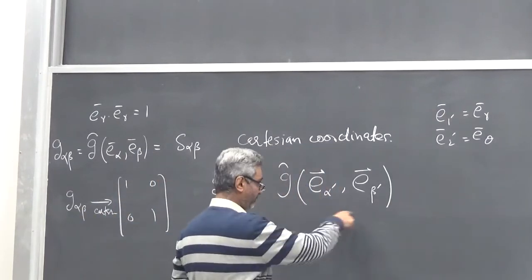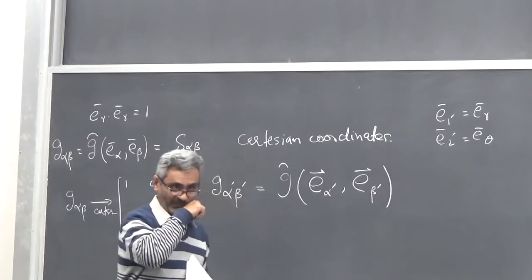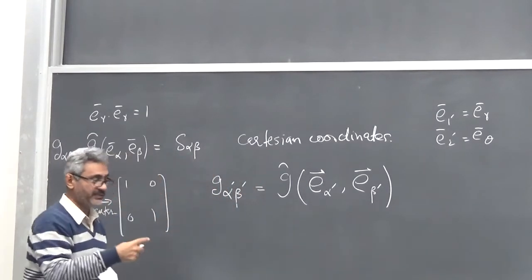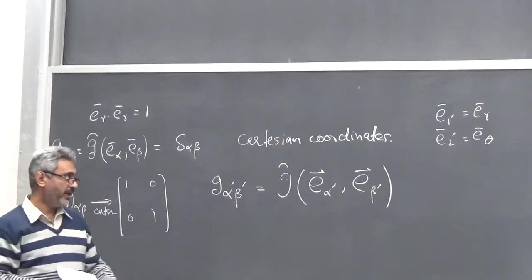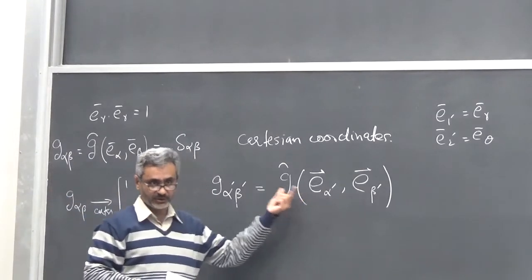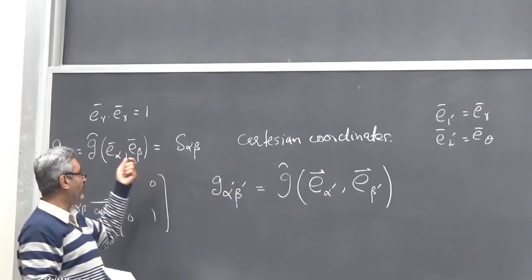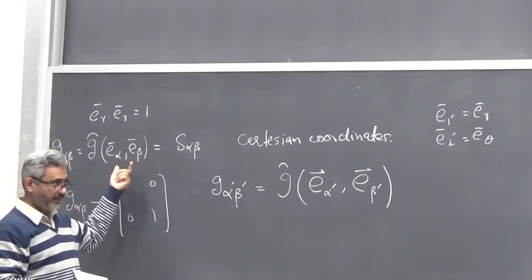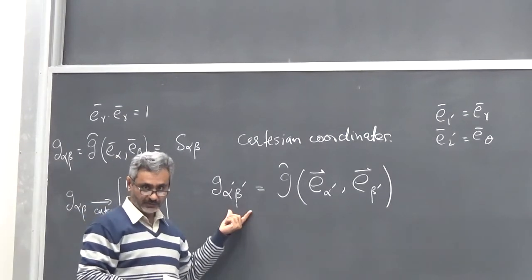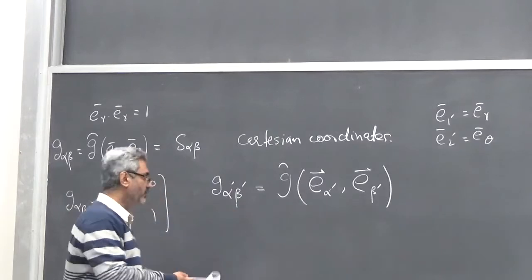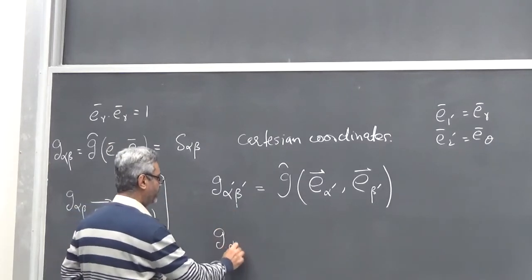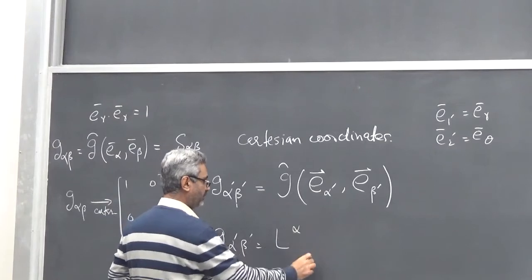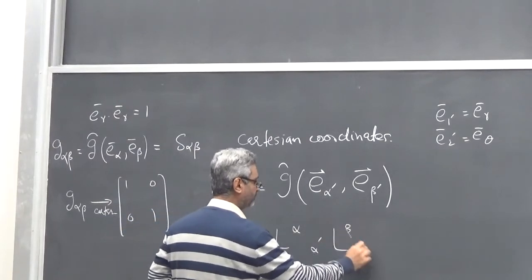I was asking how can we use this? Okay, so this is a linear function, and we could write these as functions of e_x and e_y. We already know what this thing is, and so using that we can calculate this. The other way would be to calculate these by using this relationship.